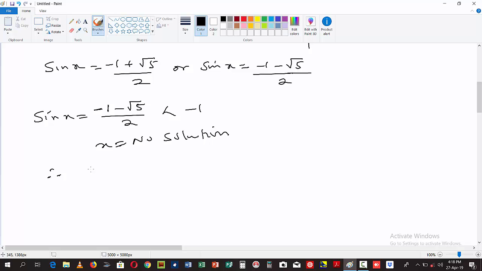Therefore, sine x will be equal to minus 1 plus square root of 5 divided by 2. Therefore, the answer for question 6.2 is minus 1 plus square root of 5 divided by 2. This is also proved.